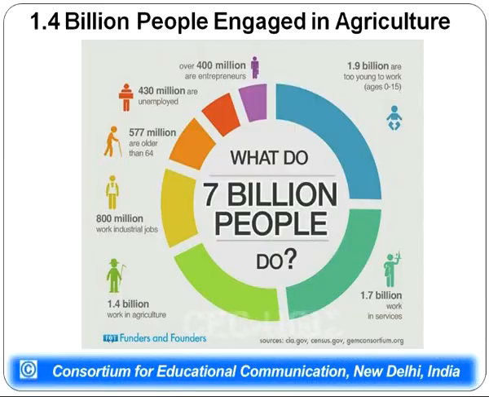Now, you can see through this diagram 1.4 billion people engaged in agriculture.